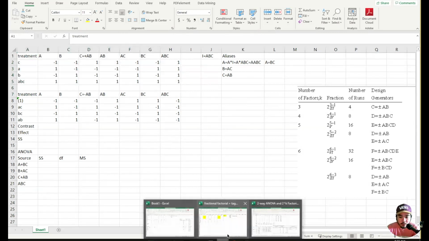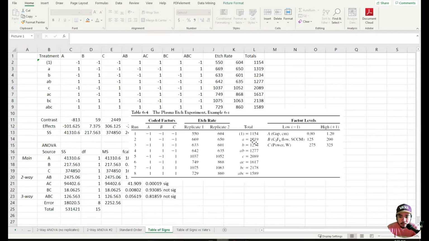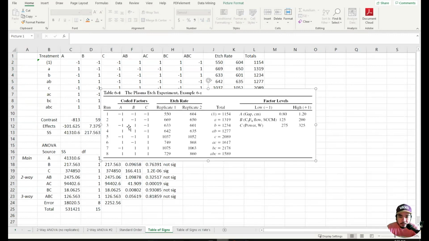So if we look at the table, parang as if hindi natin ginawa tong ito, so blank yan. Wala tayong value dyan. Hindi natin ginawa itong BC, AC, tsaka AB. So ang kukunin lang natin is itong A, B, C, tsaka yung ABC. Okay?